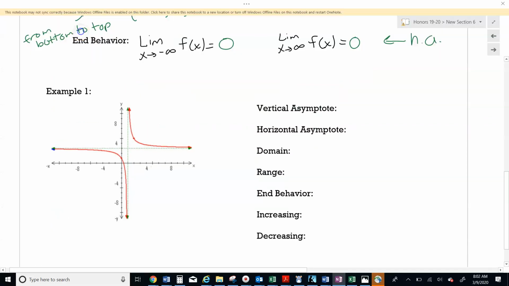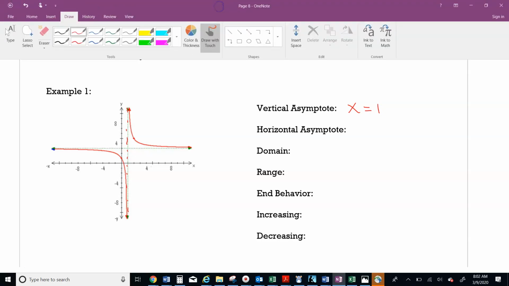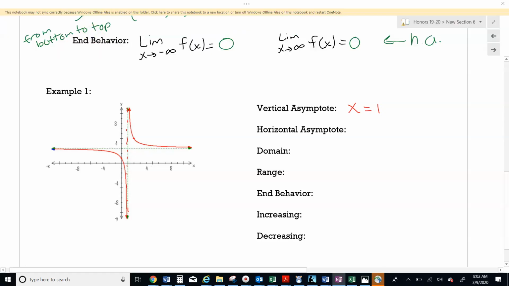So my vertical asymptote, my vertical line is right here at x equals 1. My horizontal asymptote is right here at y equals 3.